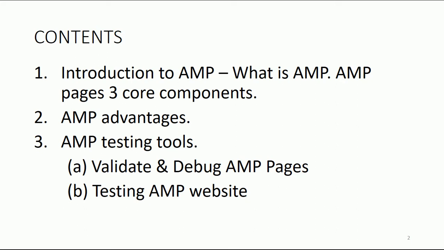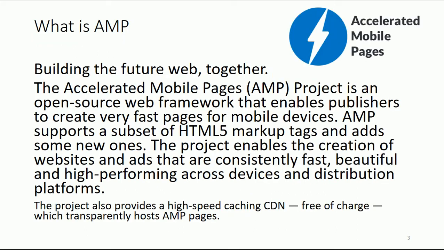So let's begin to understand what AMP is. AMP stands for Accelerated Mobile Pages, and it is an open source framework from Google. I can say it is a more extended version of HTML5, so you can use HTML5 capabilities and extend them.